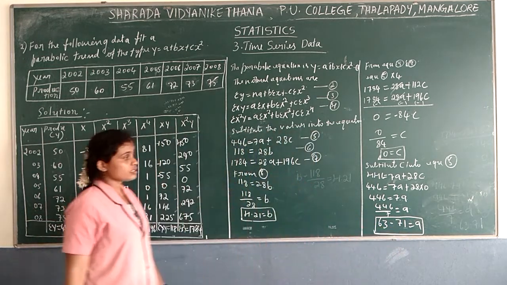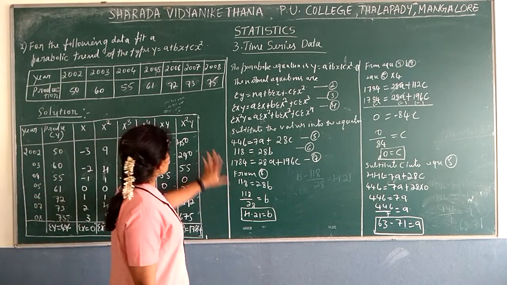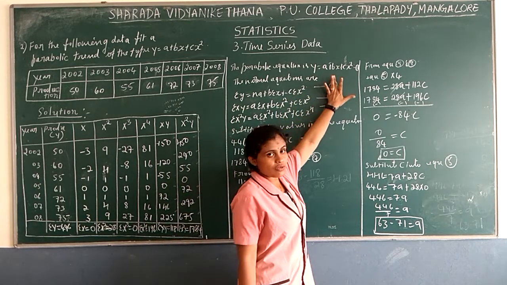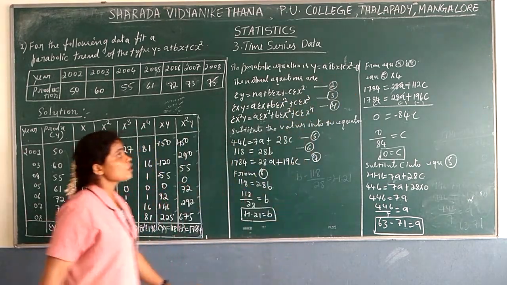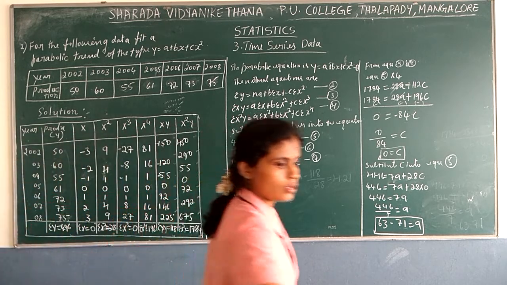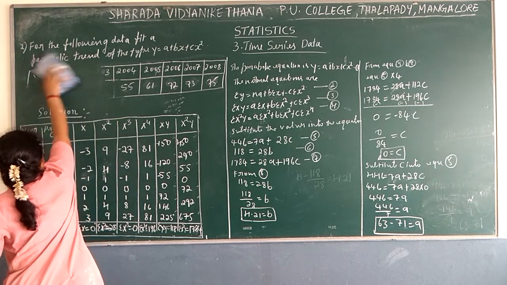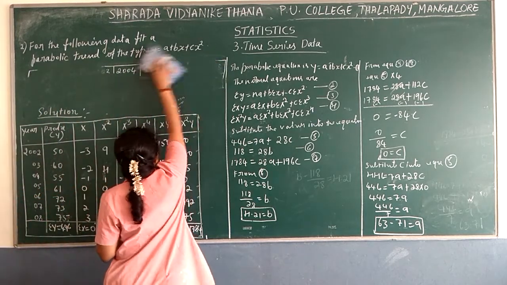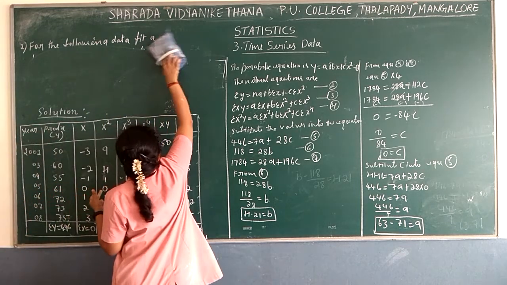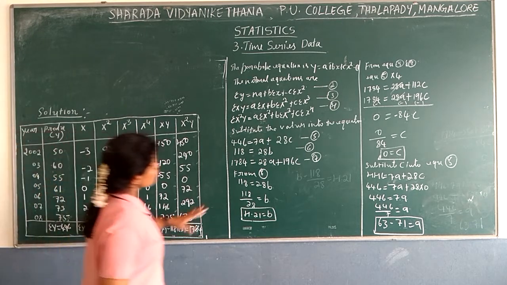So we got the three constants over here. Now we need to substitute into the equation. What is the equation there?